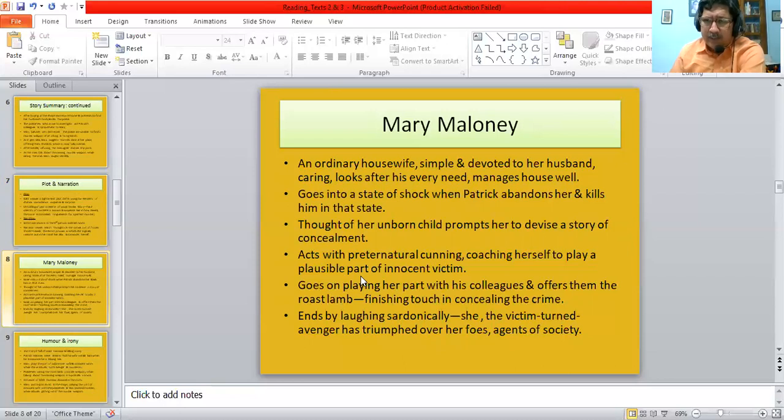So, almost with preternatural cunning, she coaches herself to play a plausible part of an innocent victim. So, she does it extremely well, and she's very, very thorough in what she's doing.